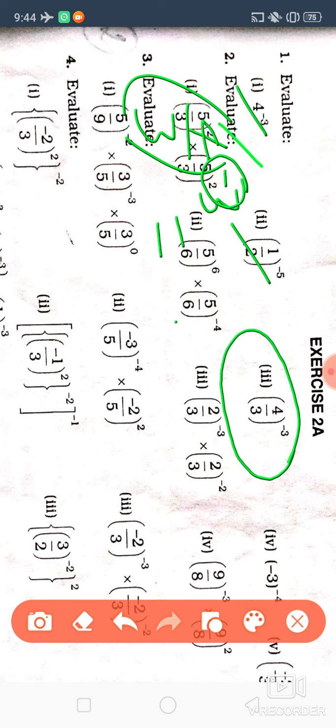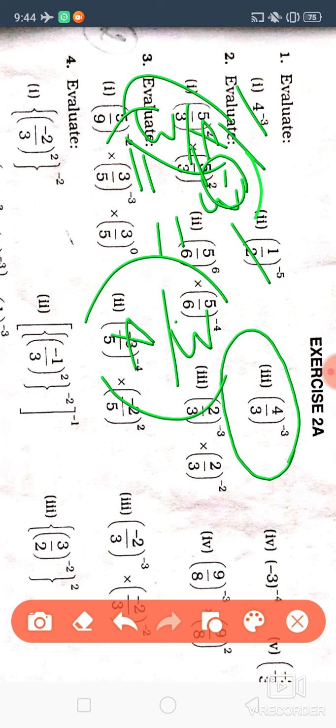By bringing the numerator into the denominator. So this 4 will bring into the denominator and this 3 will come into the numerator, and this exponent minus 3 will become plus 3. Are you getting it? So we have got 3 by 4 to the power 3.